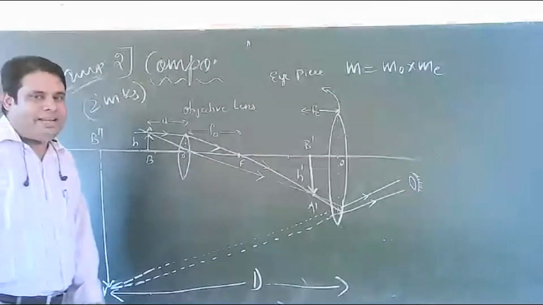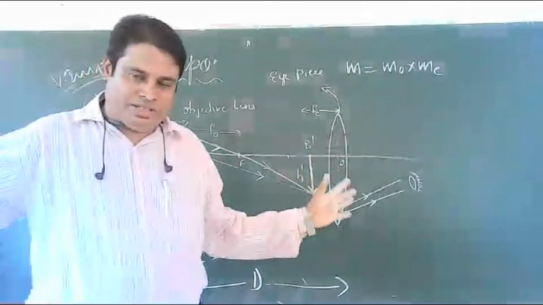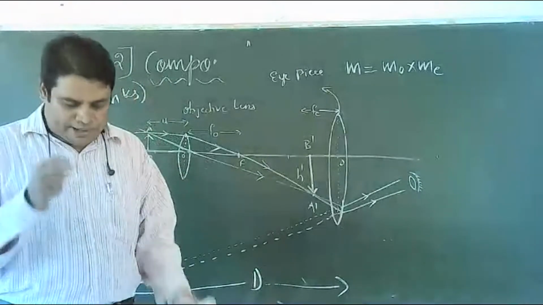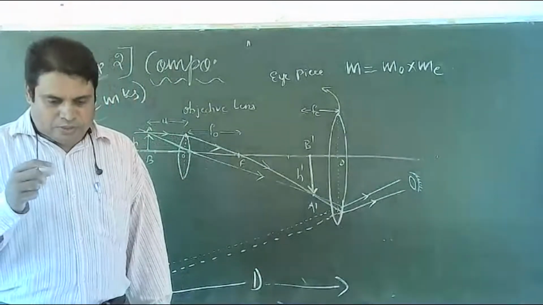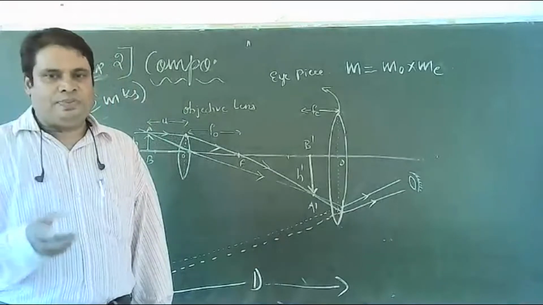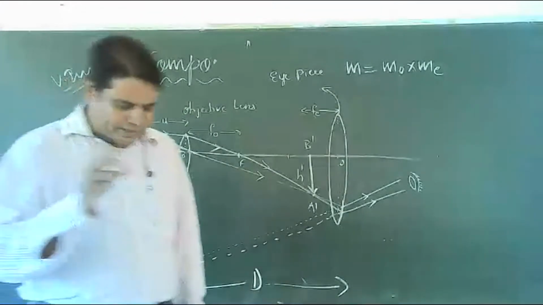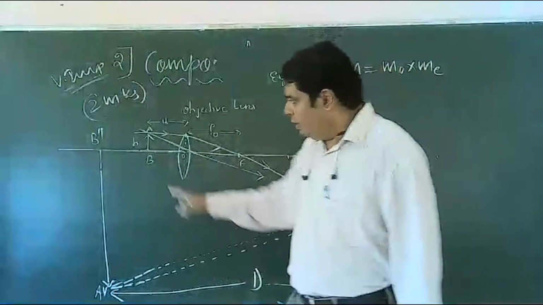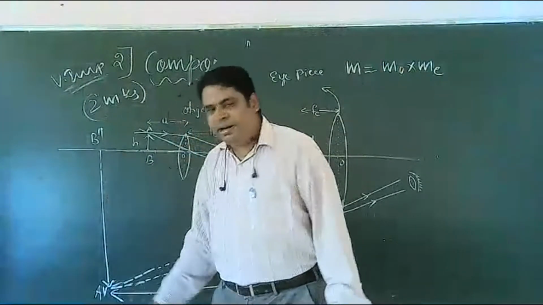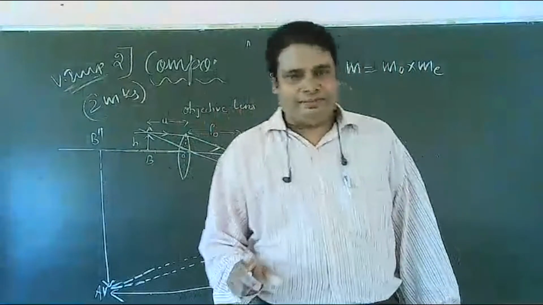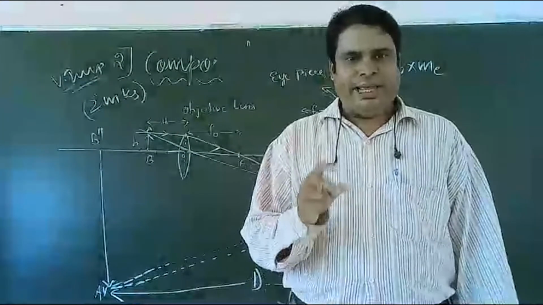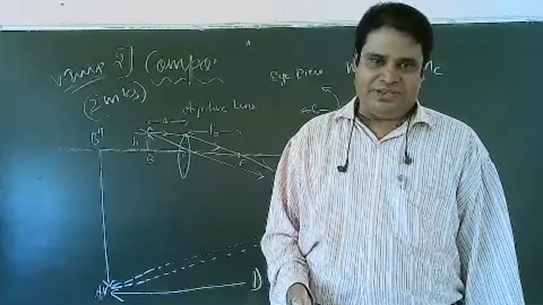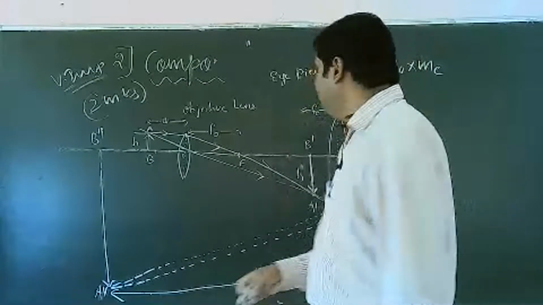Anyway, the image is very much enlarged. In observing with a microscope, there is no problem with the inverted image. Anyway, what we want to see is the enlarged image. That's all.